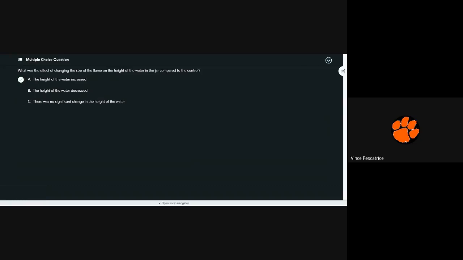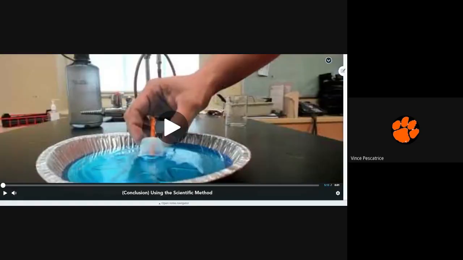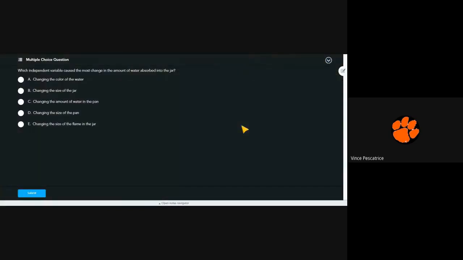All right, it's very obvious that the height of the water increased. Good job. So look here, and you can see that the height of the water was a lot different.